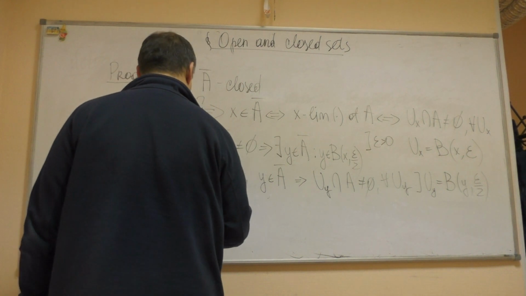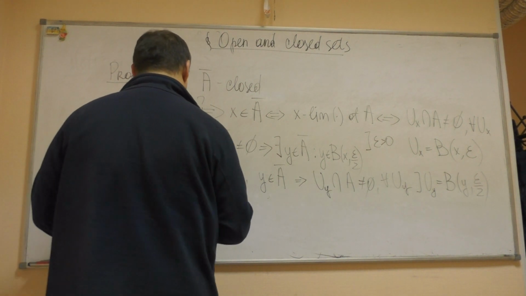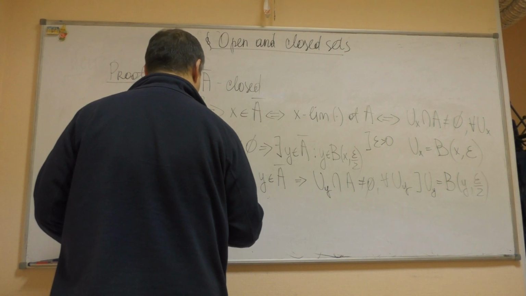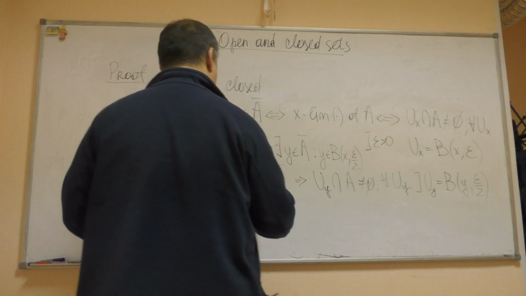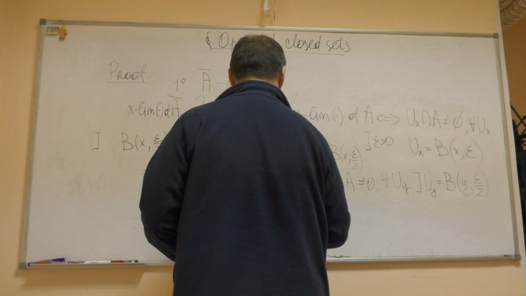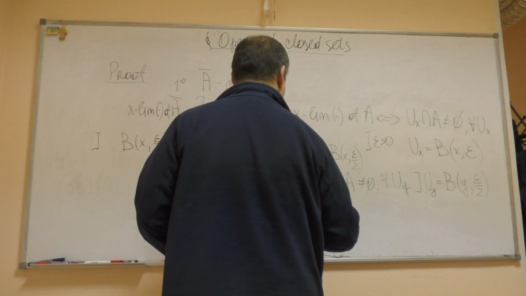So there is an element z from A such that the distance between y and z is smaller than half epsilon.